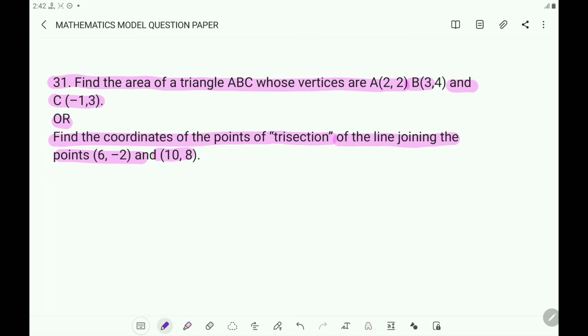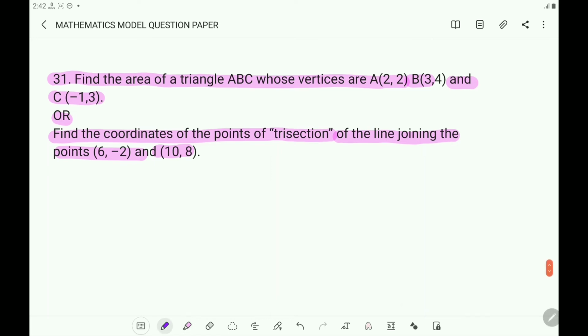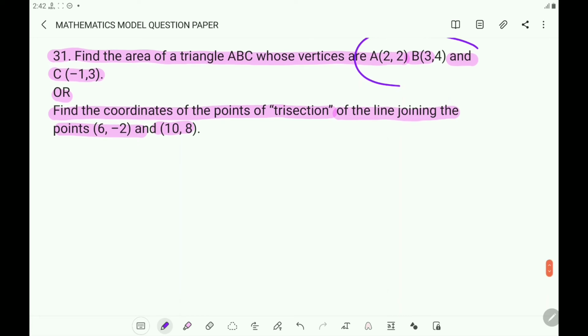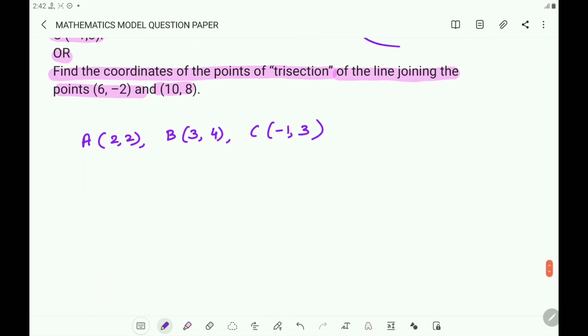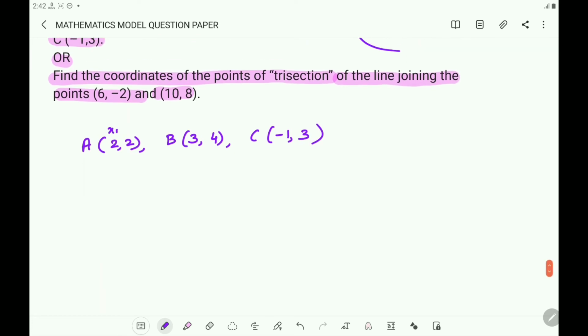Now, first one let us take. The coordinates of the vertices of a triangle are given. We have to find the area. So, you take A(2, 2), B(3, 4), C(-1, 3). Then you consider these as x1, y1, x2, y2, x3, y3.